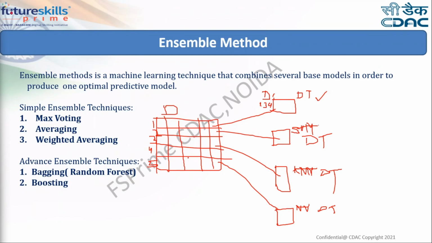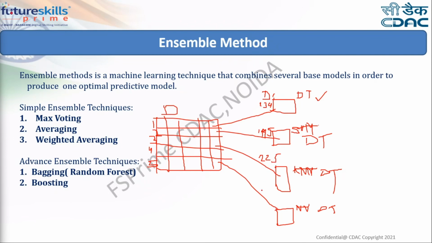Some random rows will be selected. It will not be like that once 1, 3, 4 is chosen, it will not be chosen again. You can select it again. When you apply the algorithm, it will randomly select, like 1 can come again. Let's suppose it takes 4, and then 5. So 1, 4, 5, or this could be 2, 2, 5. There could be repetition.